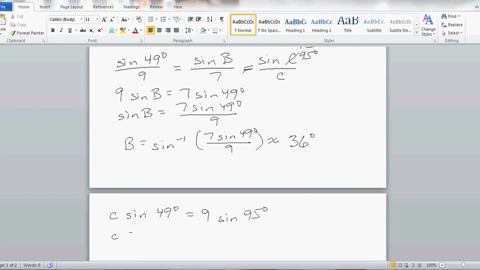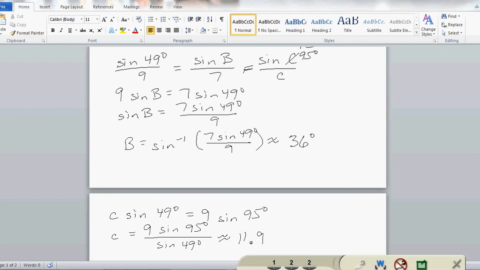Solving for c, in other words, dividing both sides by the sine of 49 degrees, and getting an approximation to the nearest tenth, it'd be 9 sine of 95 divided by the sine of 49, which is equal to 11.9. We have found the final missing piece, and that is all there is to that particular problem. There was only one triangle.